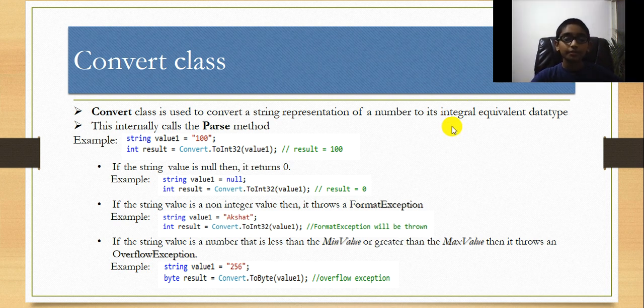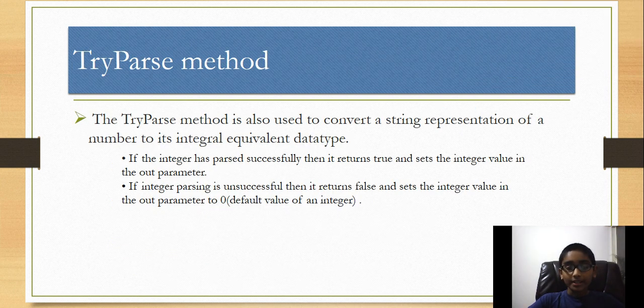So now let's move on to the next way of converting a string to an integer, that is the TryParse method. Like I said, we're going to be talking about the TryParse method. The TryParse method is also used to convert a string representation of a number to its integral equivalent data type.